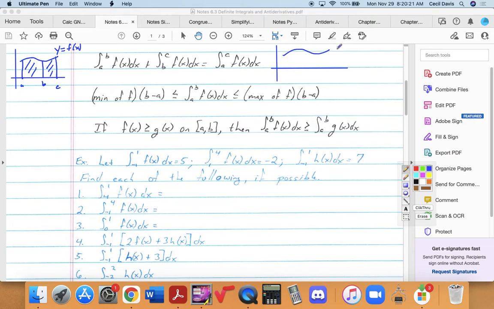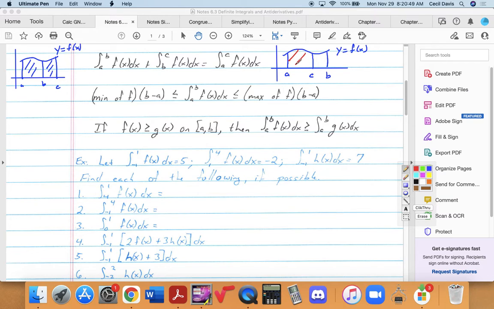So, similar looking graph, y is equal to f of x. Let's put a here and b over here. Well, let's put c in the middle. So if I do the integral from a to b, I'm going to do these in different colors.